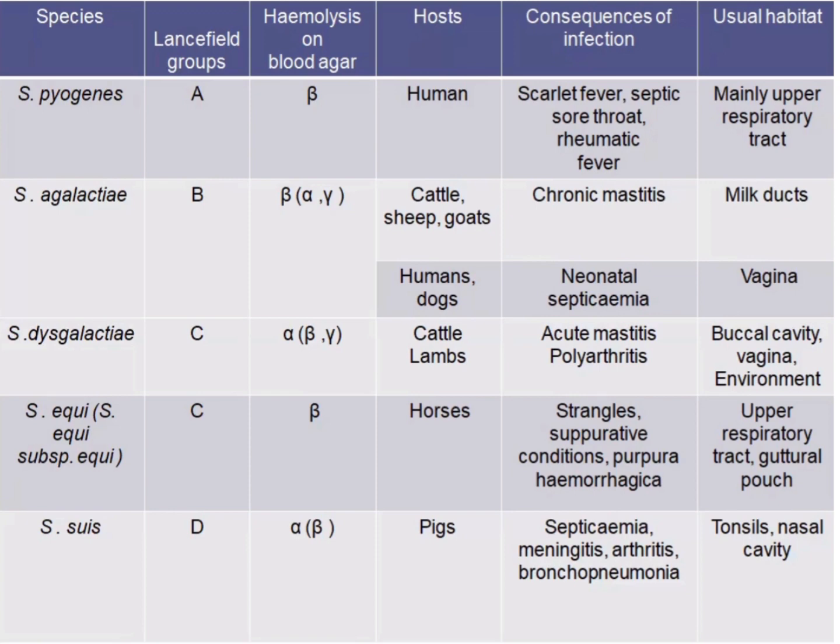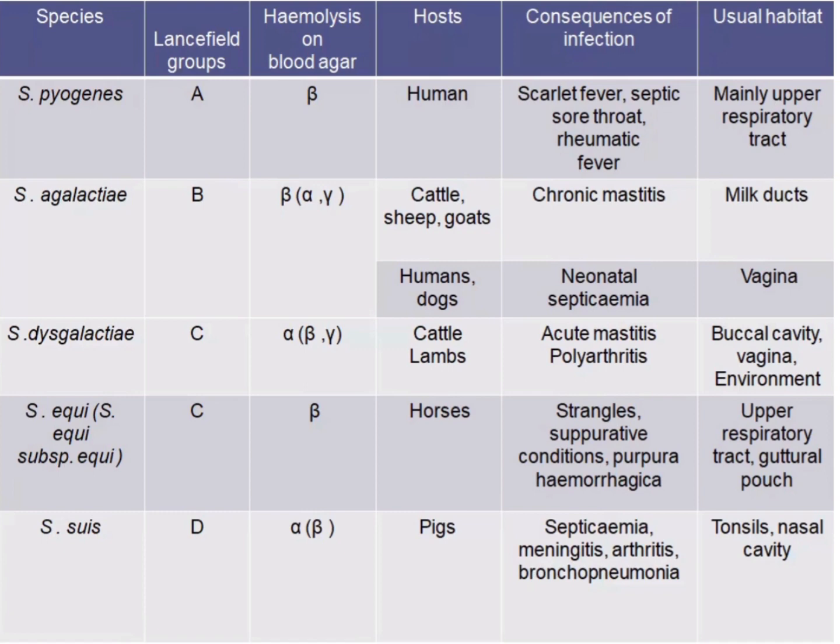They cause disease conditions in cattle and lambs, that is acute mastitis and polyarthritis. The usual habitat is the buccal cavity, vagina, and environment. In the environment, Streptococcus dysgalactiae is commonly found. Next species, that is Streptococcus equi, subspecies equi.